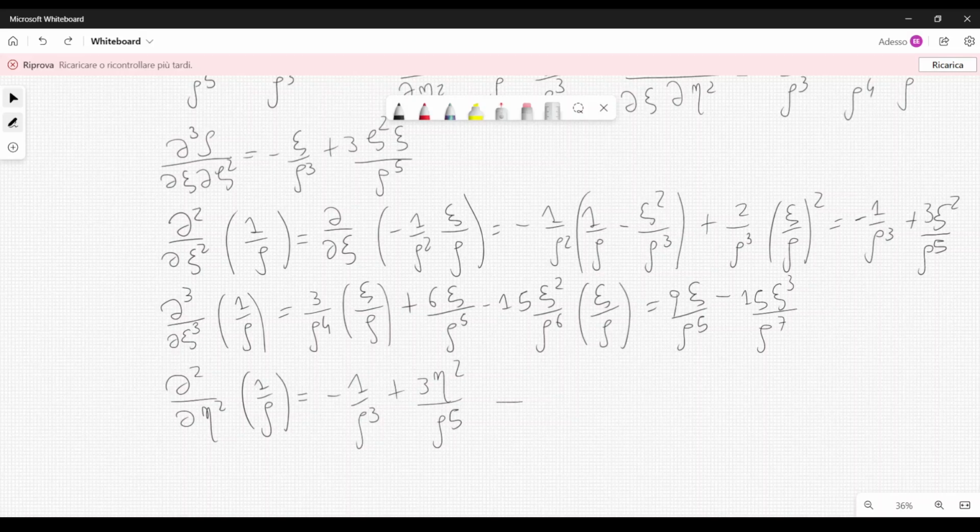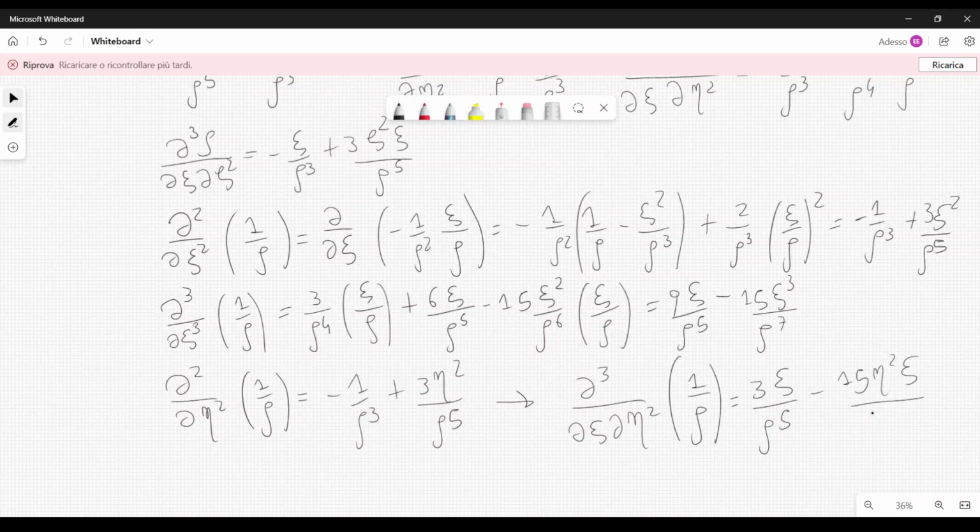And then we also need d cubed with respect to xi, with respect to eta squared of 1 over rho. And this is equal to 3 xi over rho to the 5th power minus 15 eta squared xi over rho to the 7th power.